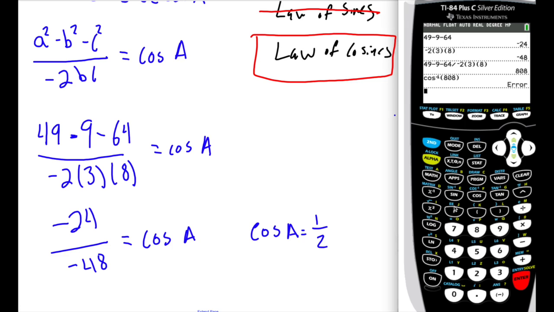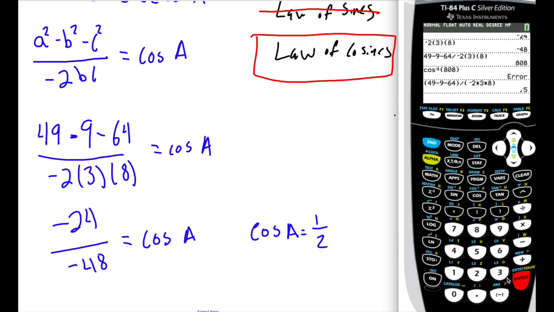So the only way this is going to work correctly is if you do this. 49, see what I did? I opened up a parenthesis. Down on the bottom, -2 times 3 times 8, close parenthesis. Now I get 0.5, which is the right answer.